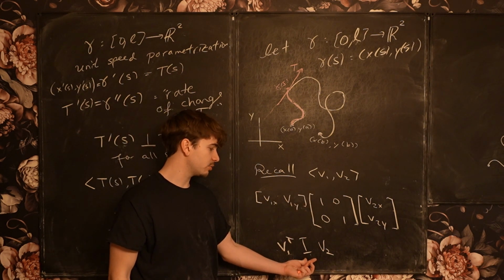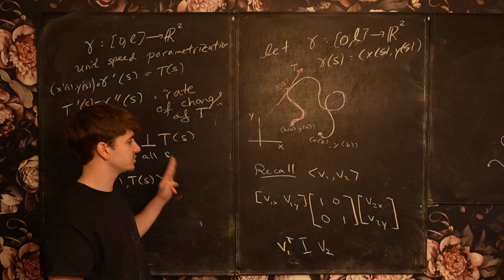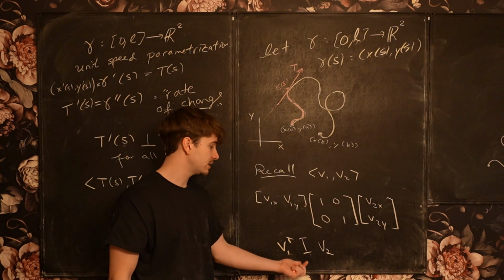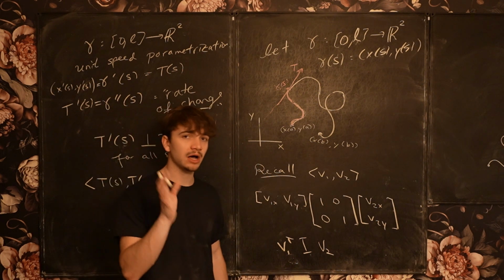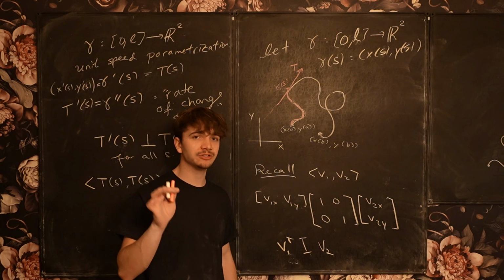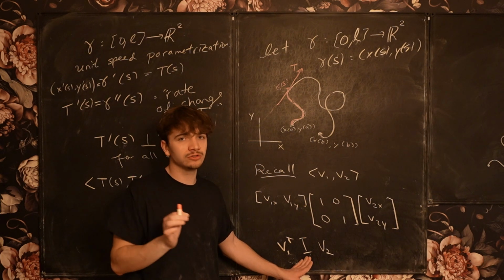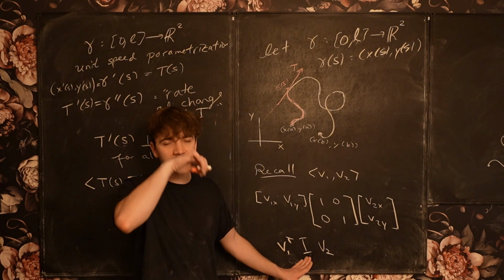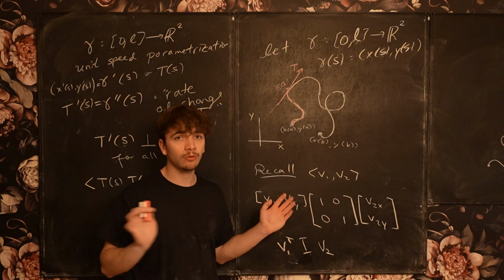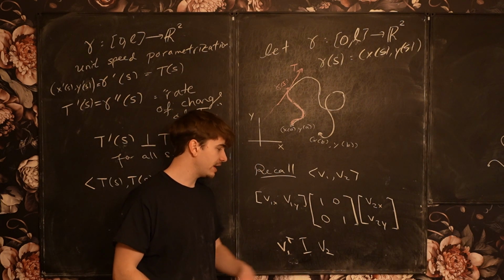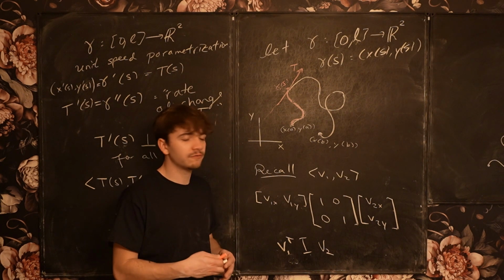To change this inner product, I can change the matrix I, and all of this math and analysis will still work, as long as the matrix is symmetric and positive definite, which means it has positive eigenvalues. As long as the matrix satisfies those two conditions, this gives us an inner product on the plane, or more generally on Rn. The point is that with different inner products, you're going to have different curvatures. This is actually called the first fundamental form.